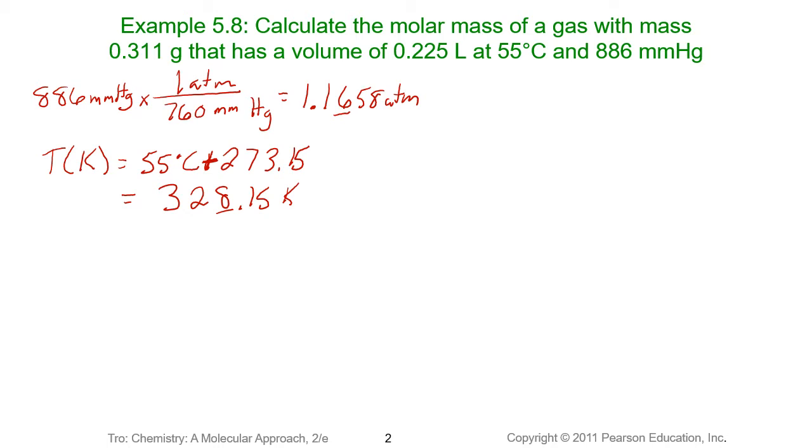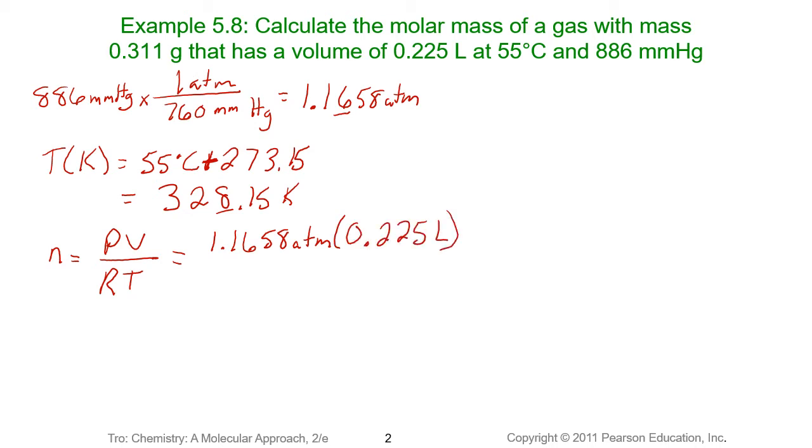Now we can find the number of moles. So the number of moles is PV divided by RT. We found our pressure in atmospheres. The volume was given in liters, 0.225 liters. R is our ideal gas constant, 0.08206.